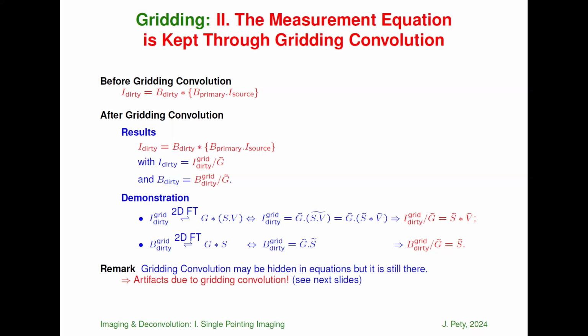It was not obvious. The mathematical form of the equation is exactly the same, a convolution equation, as before gridding. But we have introduced some gridding, so we should not fool ourselves. We have done something going from here to here by changing the definitions, and so there are artifacts due to gridding that will enter into play. That's what we will see in the next few slides.